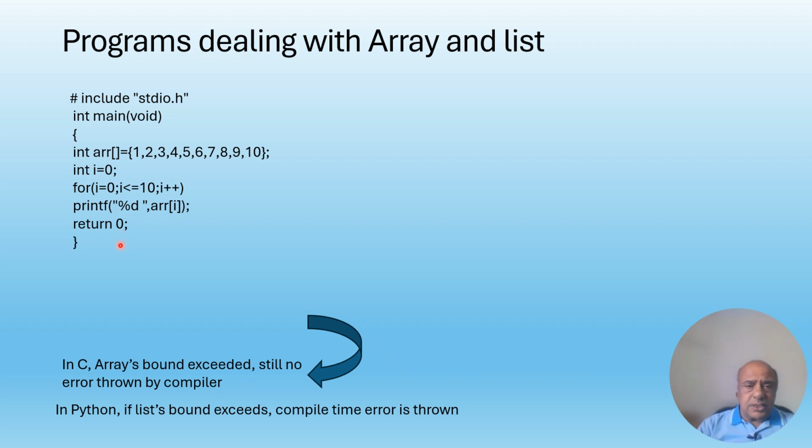For accessing the elements, we run a for loop, and this printf statement displays the values of each element of the array ARR on the monitor screen.